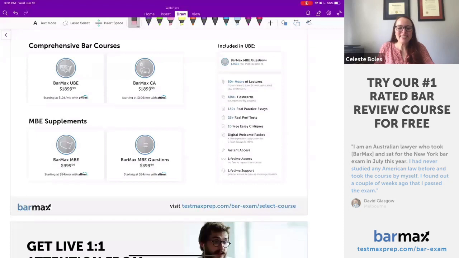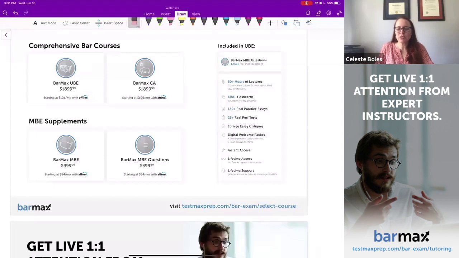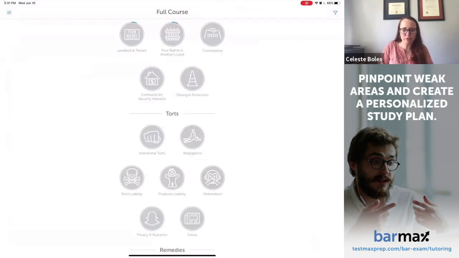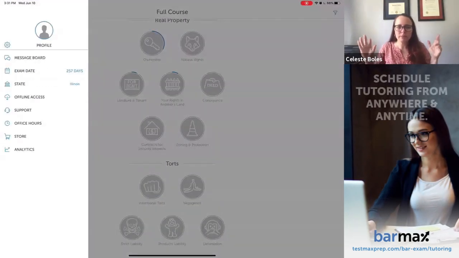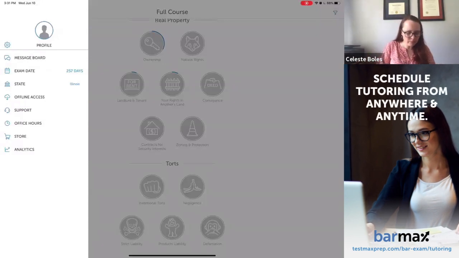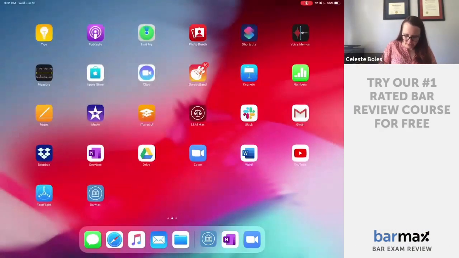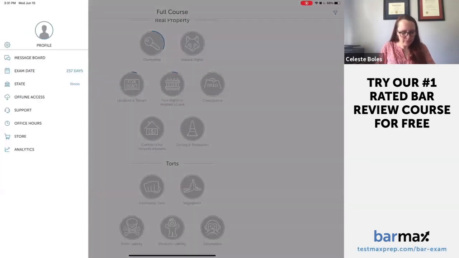Let's see. What support link to send in our February essays if we were a current student? Okay, so if you are in BarMax, well, you have to do it. Actually, this isn't helpful because I'm in the app, and you'll want to go to the website, probably the browser, although you might be able to do it here. I'm sorry, I didn't show you what I was doing. So when I tap the upper left, I get the menu. And all the old office hours and webinars are there under the clock.